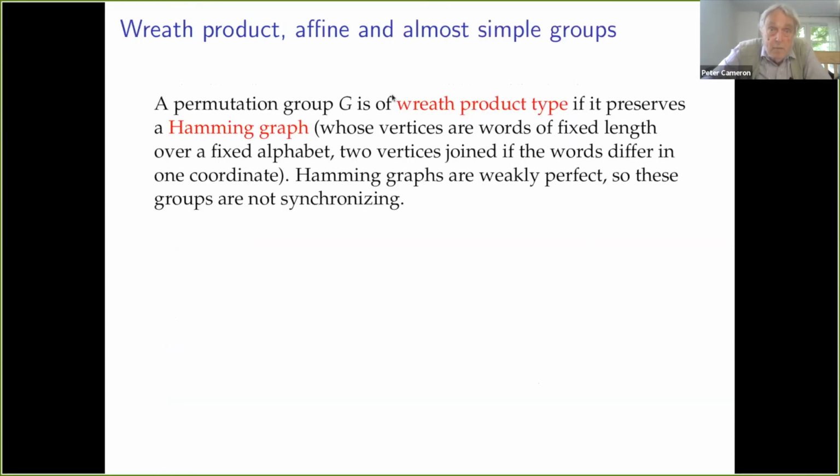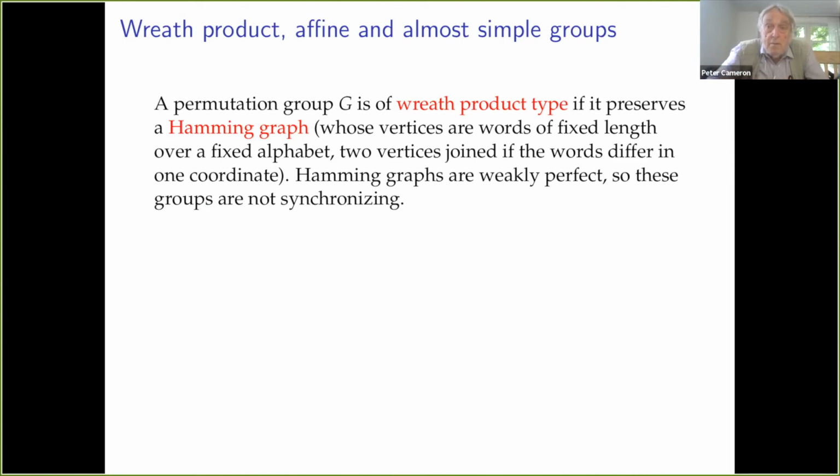So the easiest way to define wreath product type is to say they're the automorphism groups of Hamming graphs. So what's a Hamming graph? You take all words of fixed length over a fixed alphabet, and you join 2 vertices, 2 words, if they differ in precisely one coordinate, if they agree in all the other coordinates. And of course, Hamming was a coding theorist.